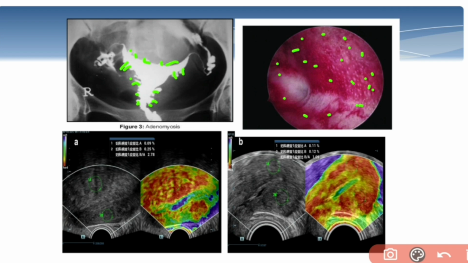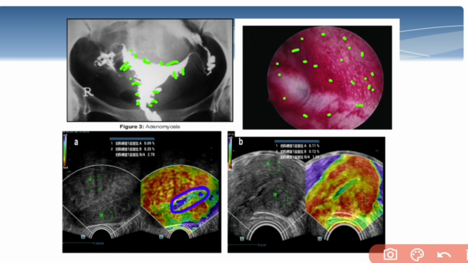In case of adenomyosis, in elastography, we see green and blue color that denotes the cystic changes in the myometrium due to collection of fluid in the glandular tissue and stroma of the endometrium.